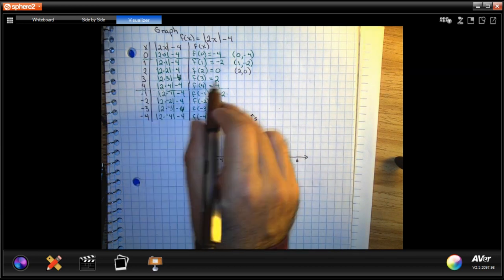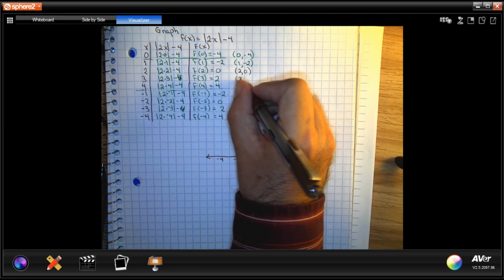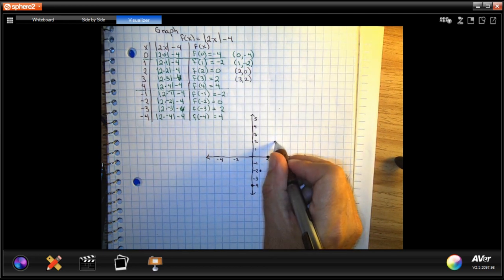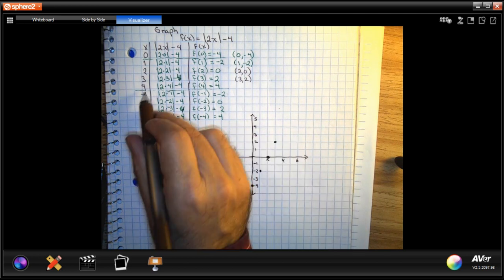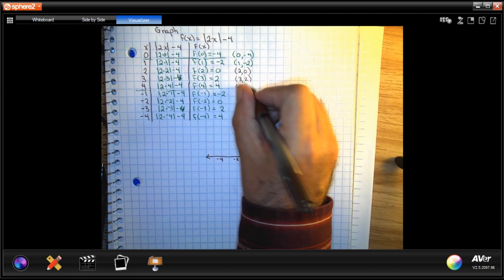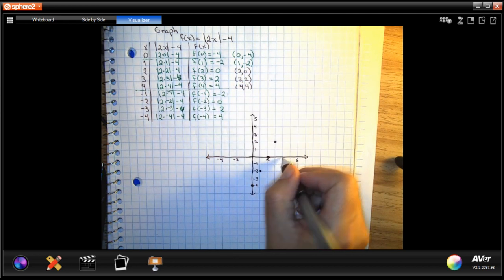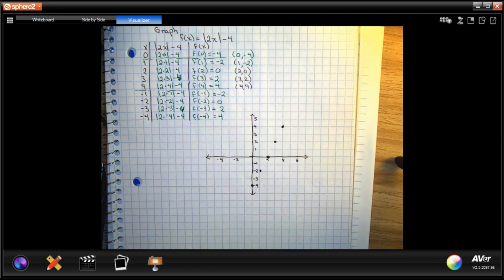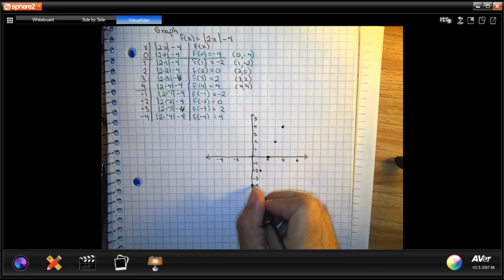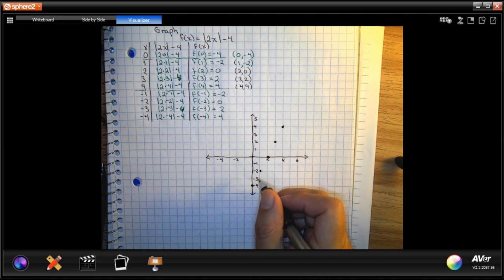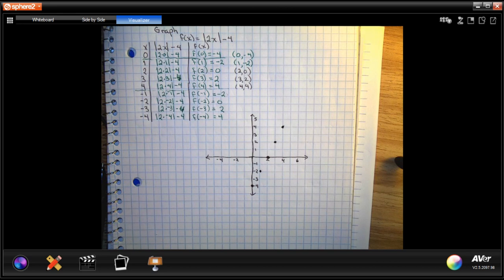The point 3, 2. And the point 4, 4. I will connect those points using a straight edge.